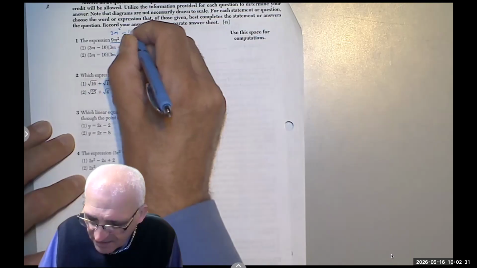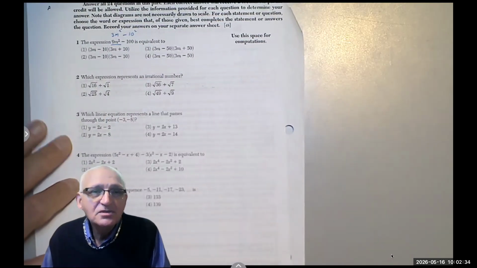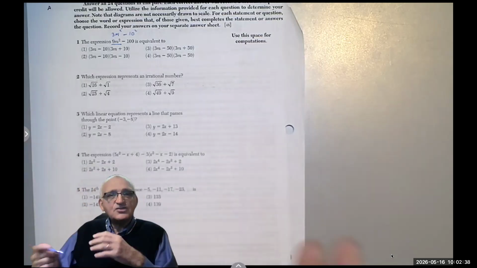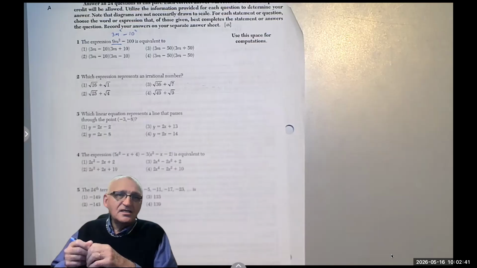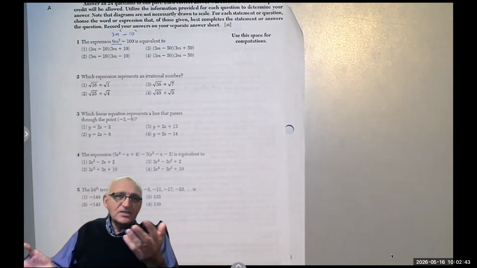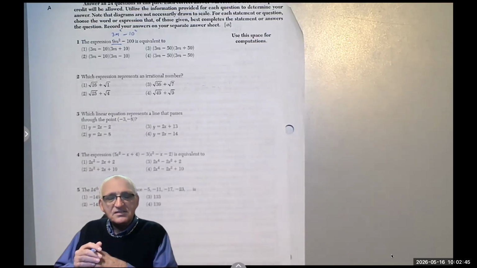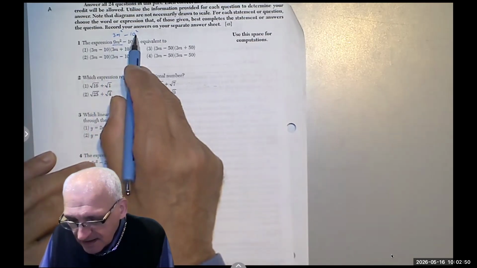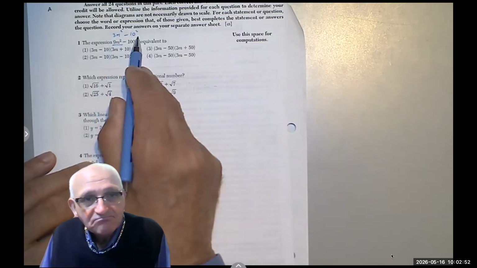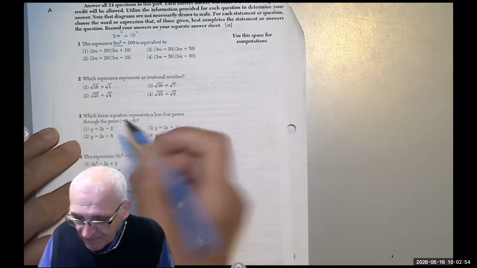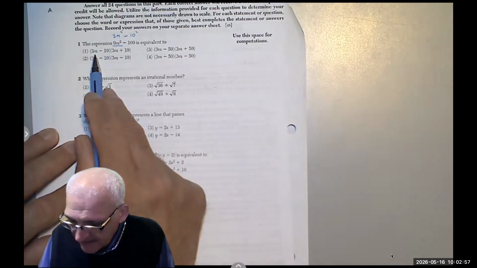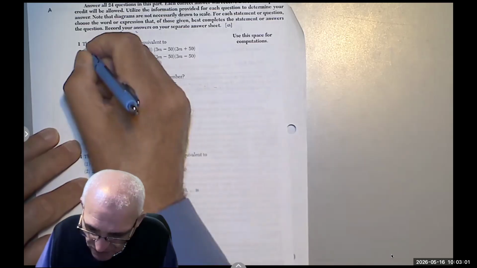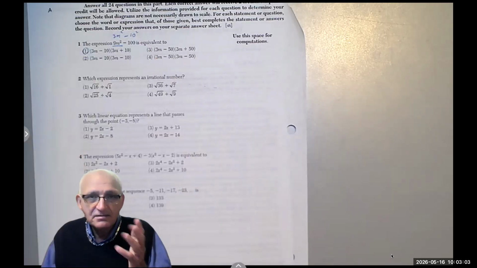So you have a difference of two squares. We know that if I have x squared minus y squared and I'm factoring it, I say x minus y times x plus y, or vice versa. It doesn't matter. So I can say the same thing, 3m minus 10 times 3m plus 10. It's the same concept, and you can see that number one is that, so it must be 1.